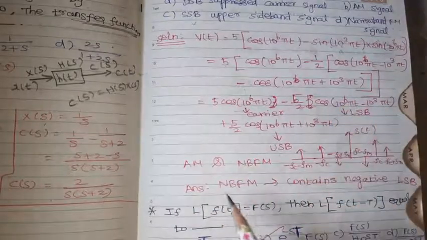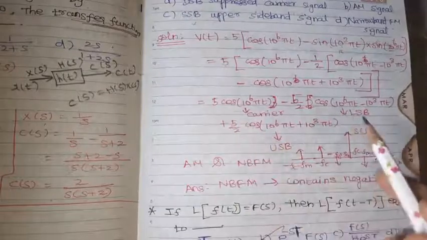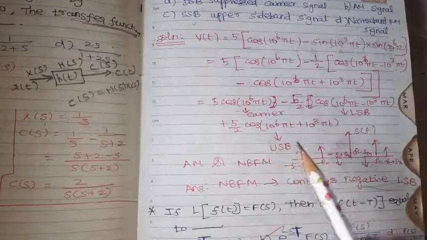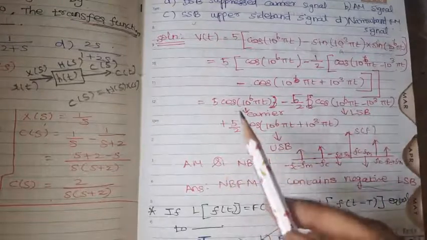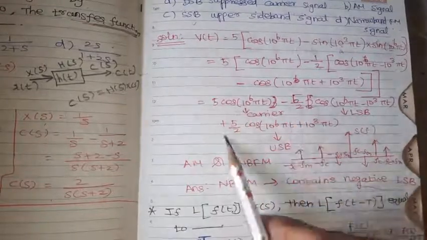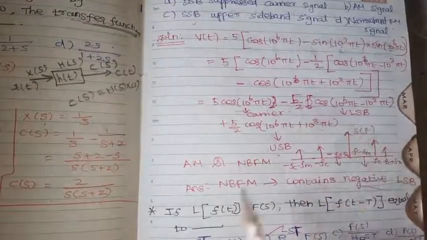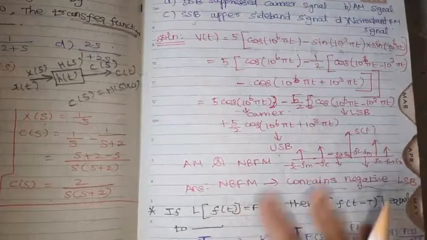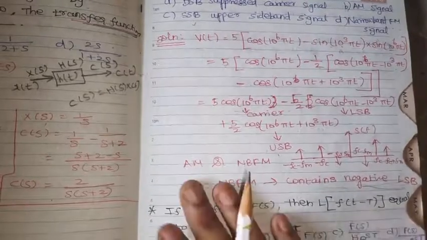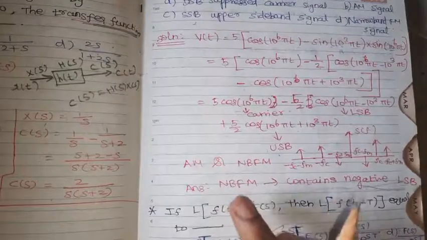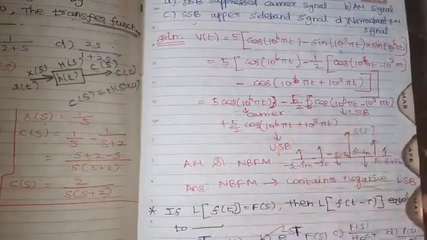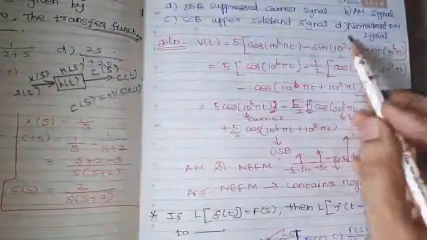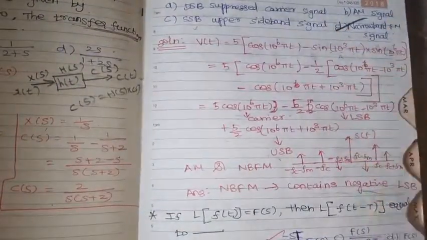Whereas in narrowband FM, it has a negative LSB. In this problem, it is carrier, positive upper sideband and negative lower sideband. So, it contains a negative lower sideband, whereas the AM signal does not. Both are positive in case of AM. Only narrowband FM contains a negative LSB. So, the given signal is nothing but a narrowband FM signal. So, option D is the right option.